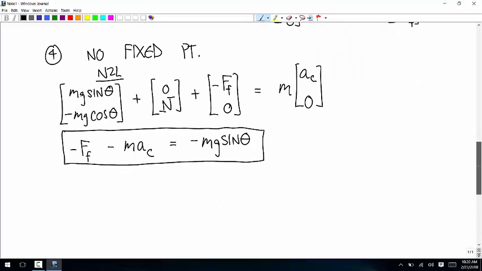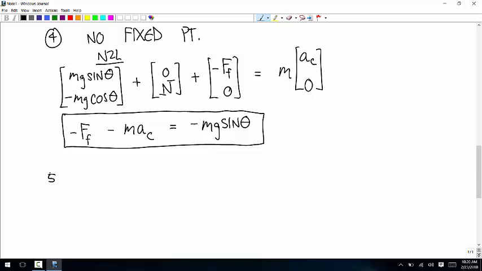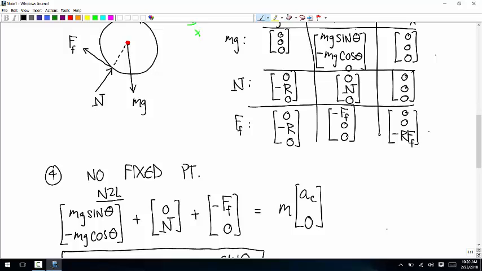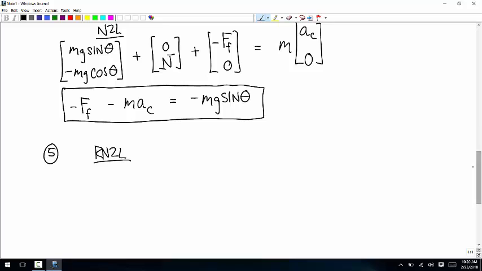So, okay, and then 5 is the rotational equation. And that says if we only look at the z components, negative r FF is equal to the mass moment of inertia about the center of mass times alpha.